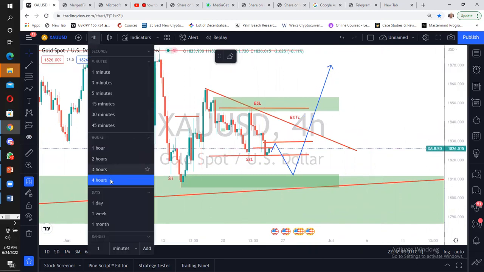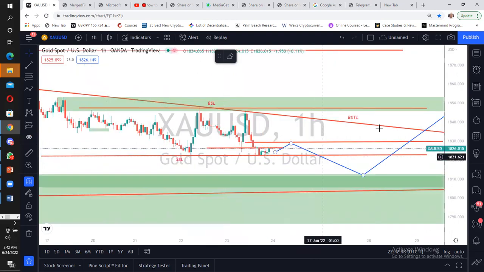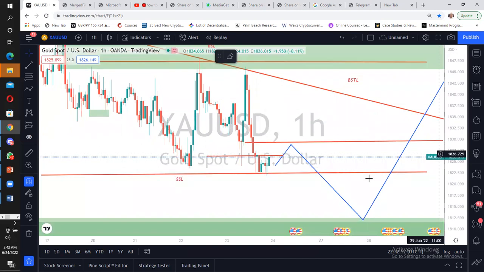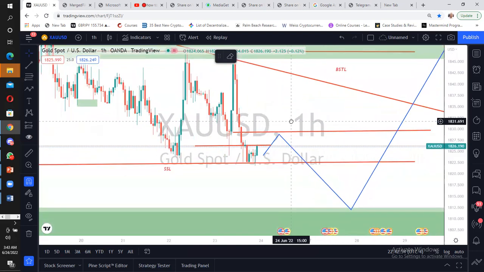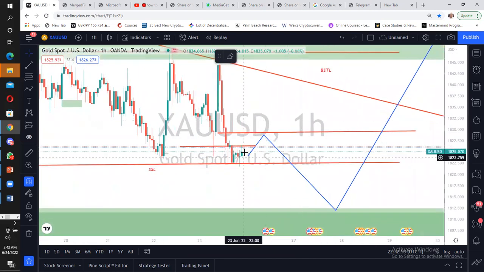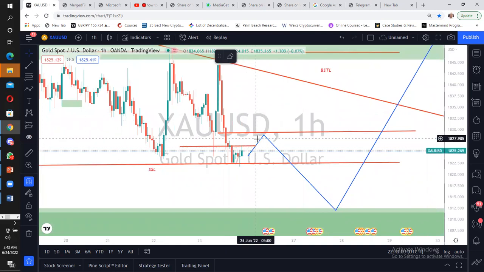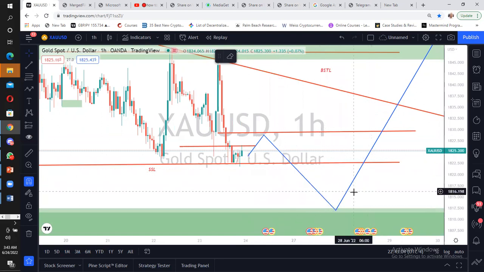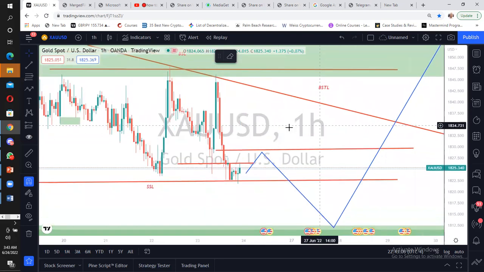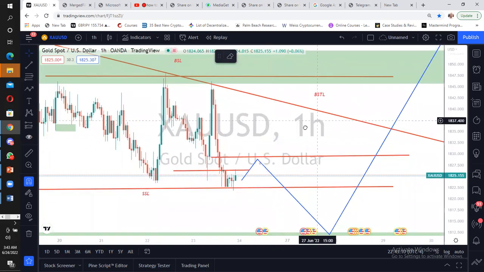And if you go to a lower time frame, you can refine it further. But this is what I'll be expecting from this pair. When I see it trade into this level, then flush below this level, then afterwards find its way up to close all this that you have here.